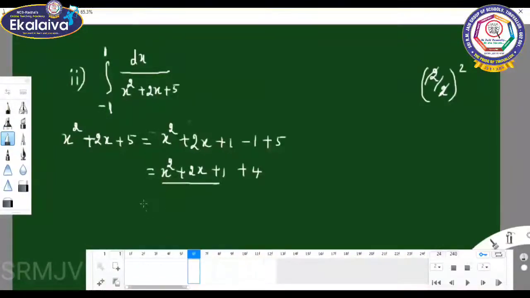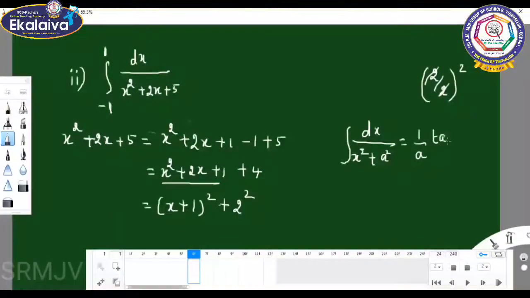See here, x, you can take it as plus, what is the square root of 1? x plus 1 the whole square plus 4, which means 2 square. So what is the formula for integral dx by x square plus a square? It equals 1 by a tan inverse of x by a plus c. It can be a square plus x square or x square plus a square, because it is commutative.